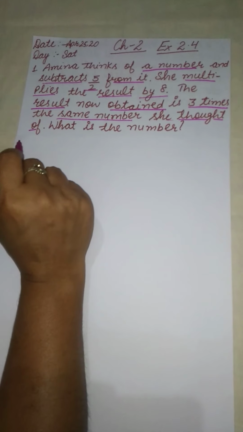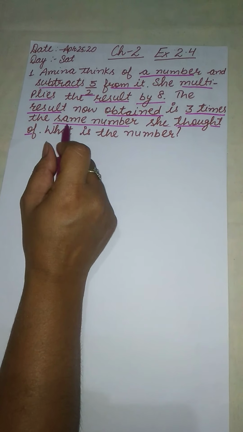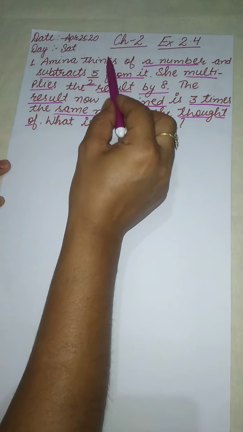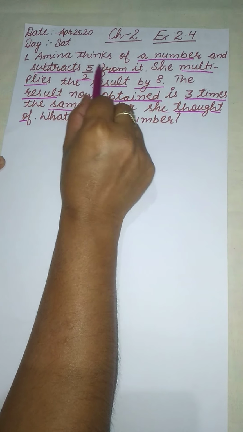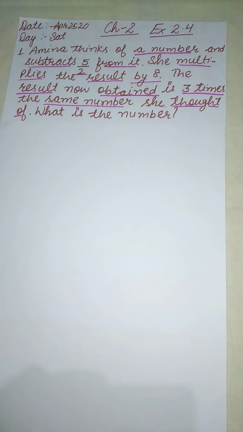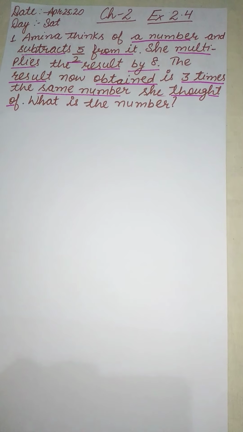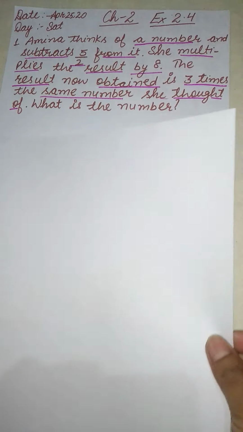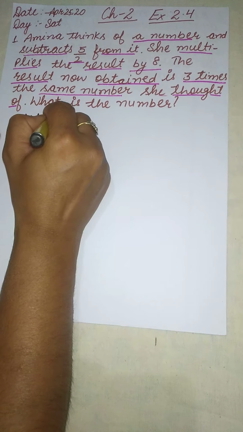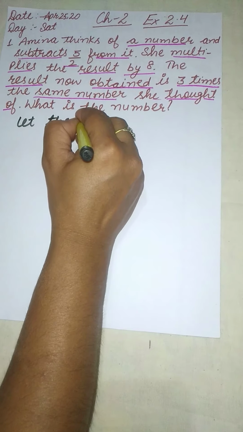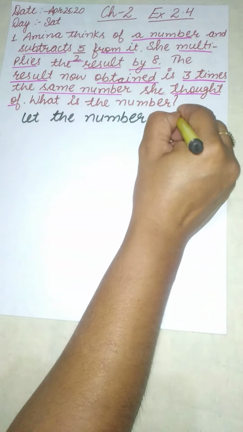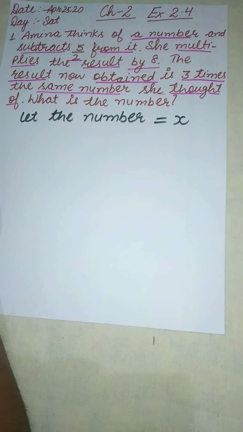What is the number? Students, firstly we will assume the number which is to be found, and then according to the given statements we will do the simplifications. Firstly we will let the number be equal to x.